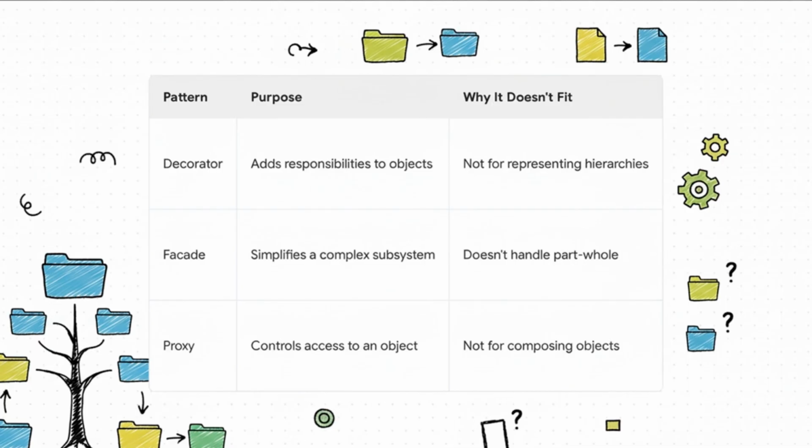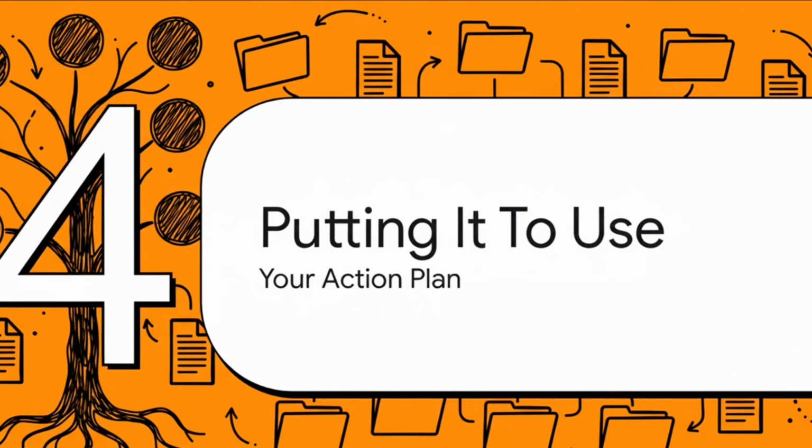And a proxy is for controlling access. Only the composite pattern is specifically designed to solve this exact problem, treating individual parts and the whole collection in the same uniform way.